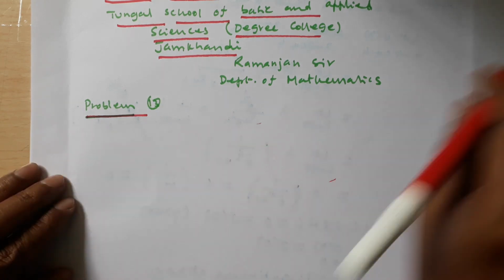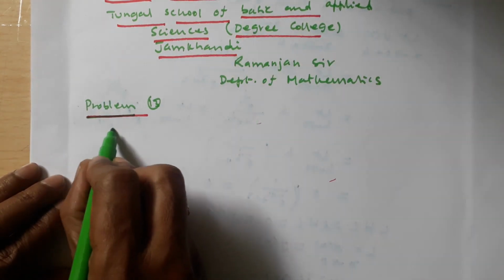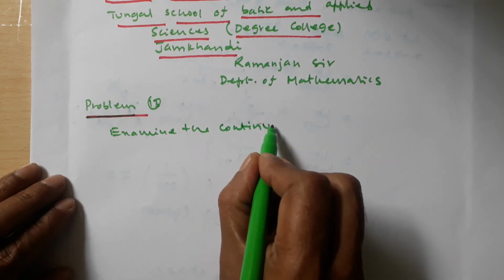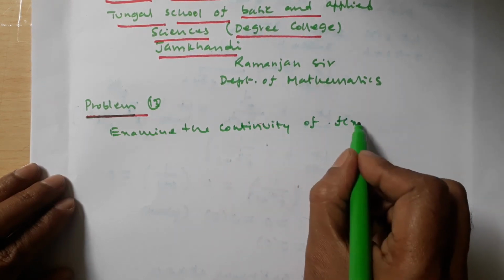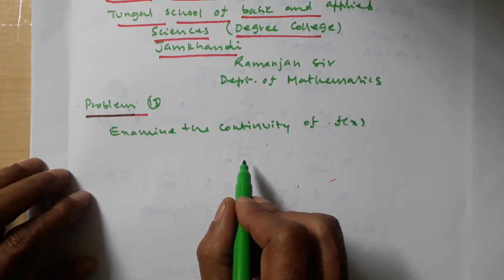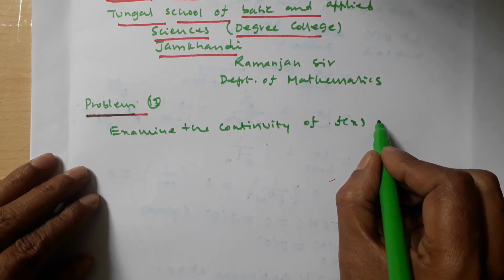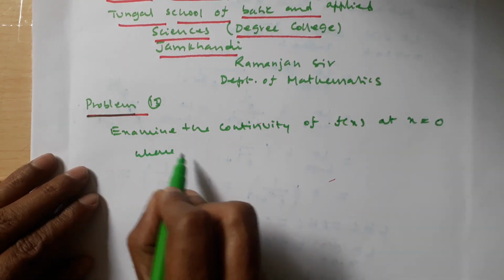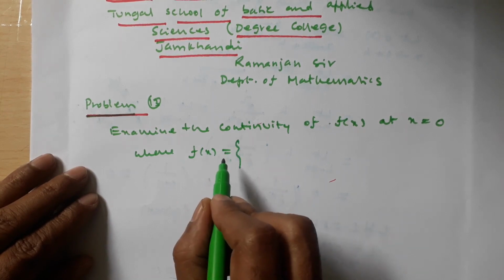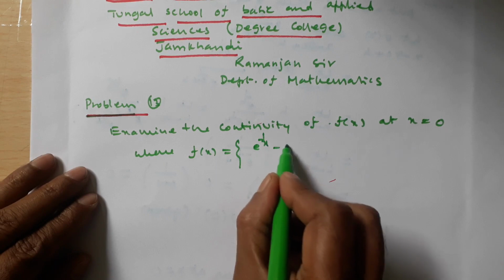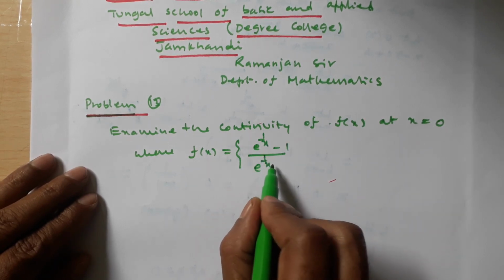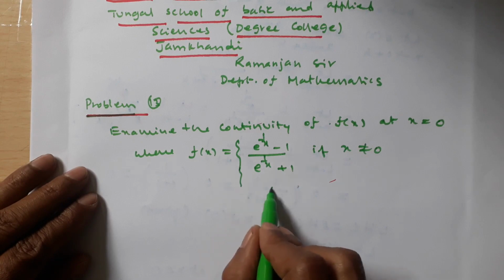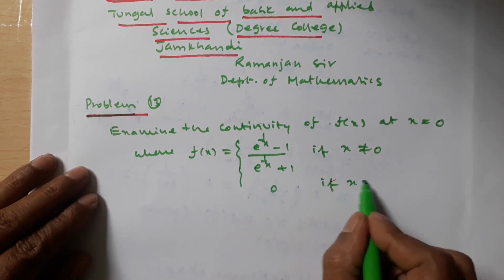Problem 13: Examine the continuity of f of x at x is equal to 0, where f of x is equal to e power 1 by x minus 1 divided by e power 1 by x plus 1 if x is not equal to 0, and equal to 0 if x is equal to 0.